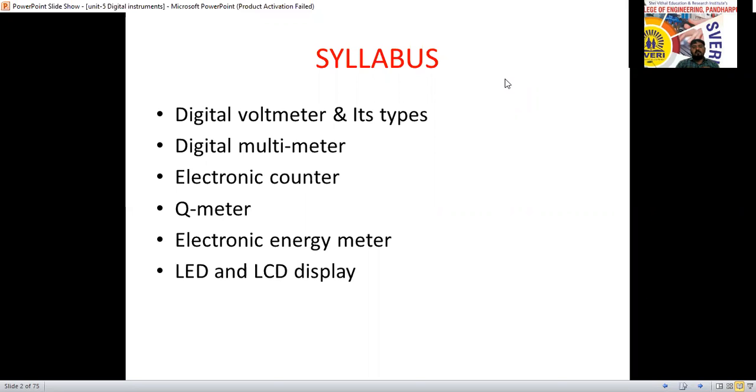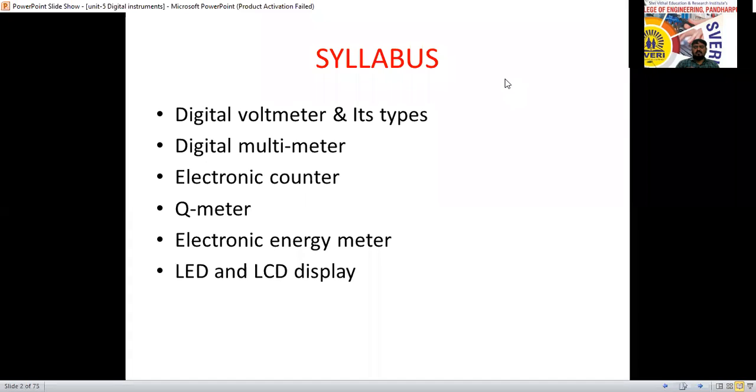Next, multimeter. Have you heard the name of multimeter? Anyone? Multimeter. From one instrument only, we can measure current, voltage, resistance, DC, AC, and all the things. So that is called a digital multimeter. Once if you have done physical classes, you will understand that one.